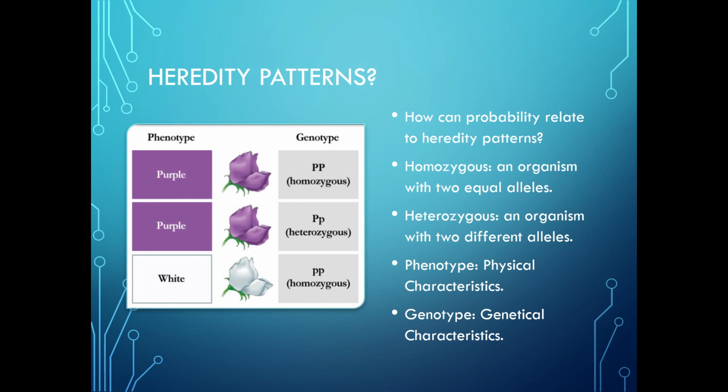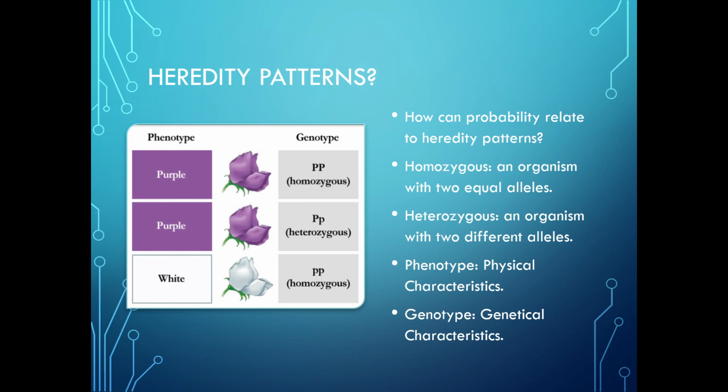The genotype is basically the genetical characteristics. They both start with G, so you can remember that. So genotype and genetical characteristics. So these are different because, as you can see on the right part where there is the genotype column, you can notice that the combination of different alleles might cause one or another color.